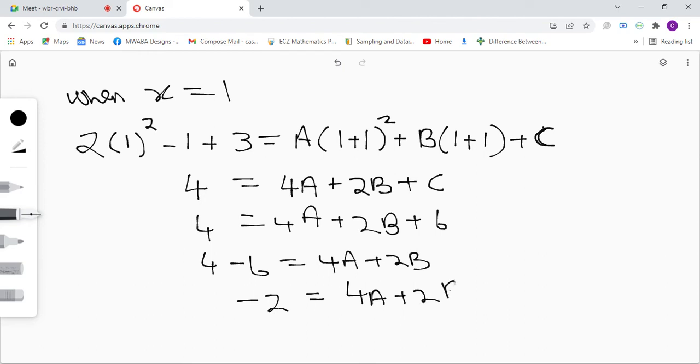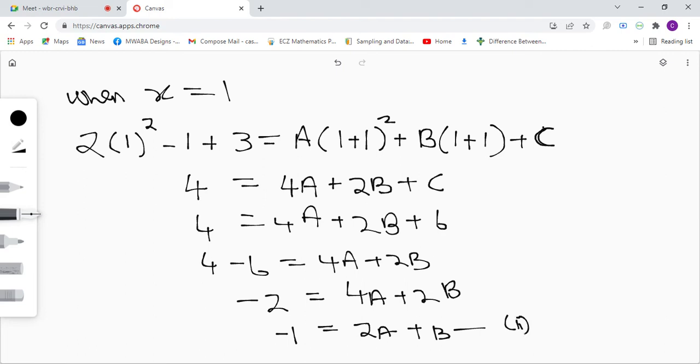We can simplify this expression if we divide all sides by 2. We're going to get negative 1. We're just dividing all sides by 2 to simplify this expression. So negative 2 divided by 2 is negative 1, 4a divided by 2 is 2a, and 2b divided by 2 is b. So this is our equation 2.